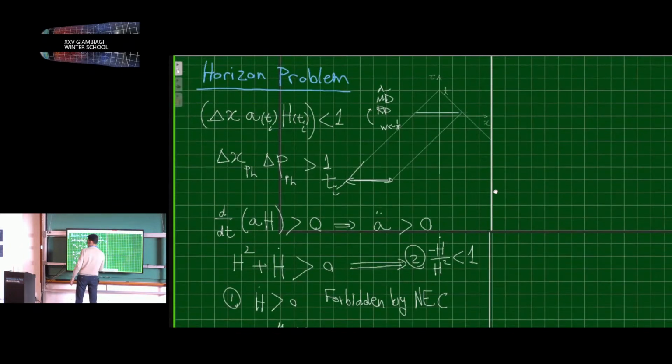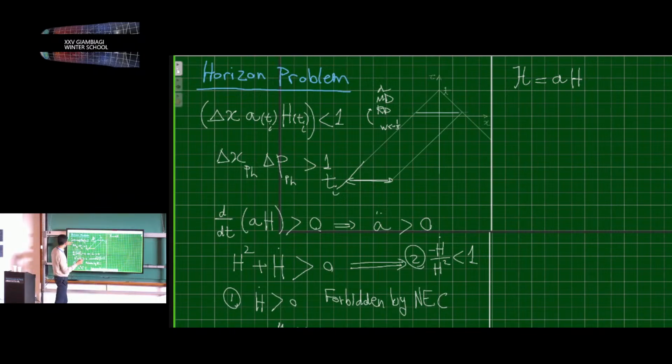So now let me draw this diagram. I talk about this combination that I want to make less than 1. This product A times H, you have seen it before, is called the comoving Hubble parameter, curly H. We can have a diagram that shows the time dependence of this quantity, or the inverse of this quantity.